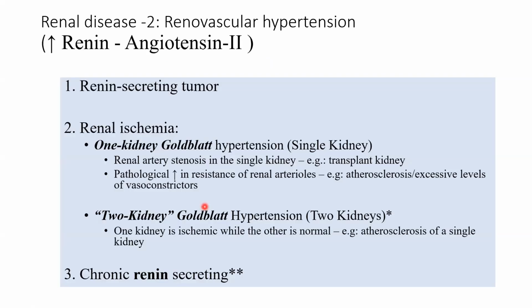However, the mainstay of Guyton and other standard textbooks is this: renovascular hypertension. What is this? While we can talk about acute renal failure, shutdown of the kidney, and how that causes fluid retention, which then goes on to cause hypertension, this particular slide is about renovascular hypertension.